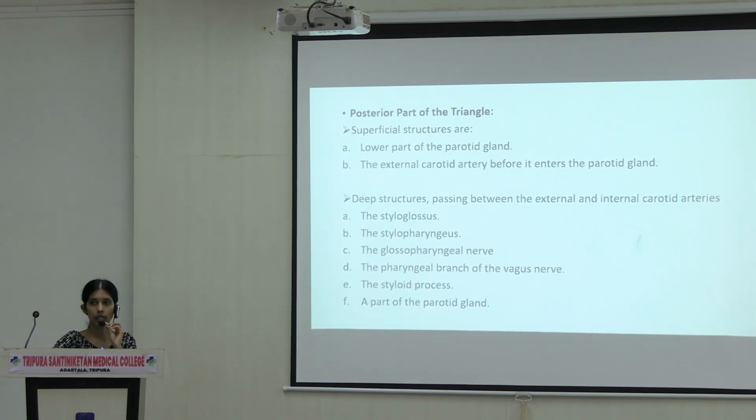So now tell me the boundaries of the digastric triangle. What are all the boundaries of the digastric triangle? Antero-inferiorly it is bounded by, posterior-inferiorly it is bounded by, base is formed by mandible.